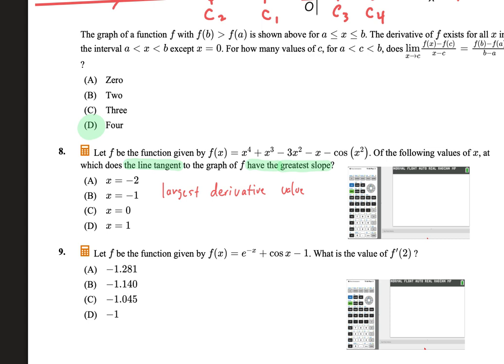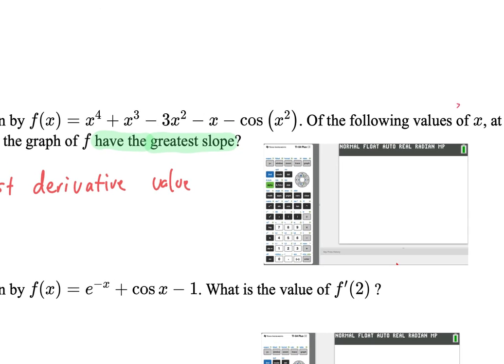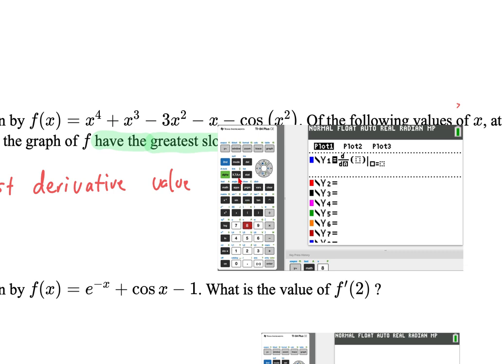I think I did it 3 different ways in the calculator. So let's look at some different ways to do this. Notice I hit y equals up here, and then I'm going to type in the derivative of this into the calculator.